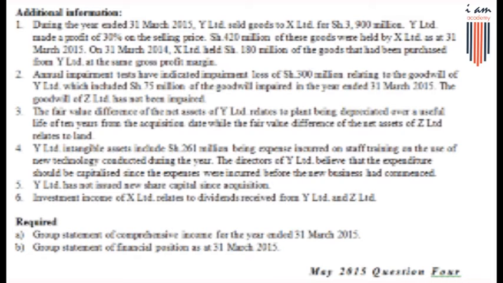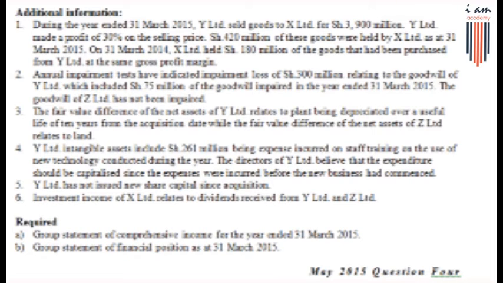3. The fair value difference of the net assets of Y Limited relates to the plant being depreciated over a useful life of 10 years from the acquisition date, while the fair value difference of the net assets of Z Limited relates to land. 4. Y Limited intangible assets include 261 million being expense incurred on the staff training on the use of the new technology conducted during the year.